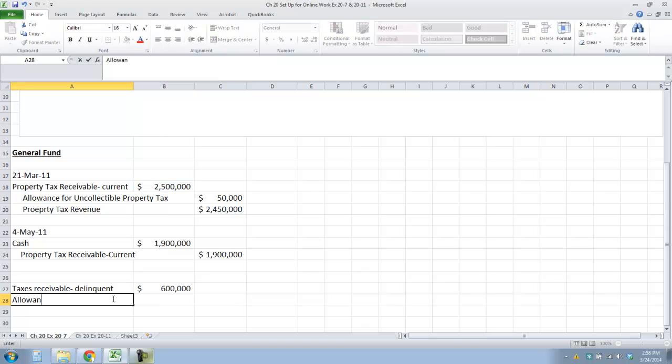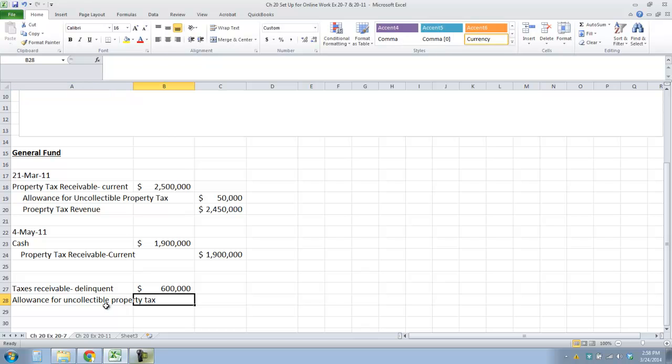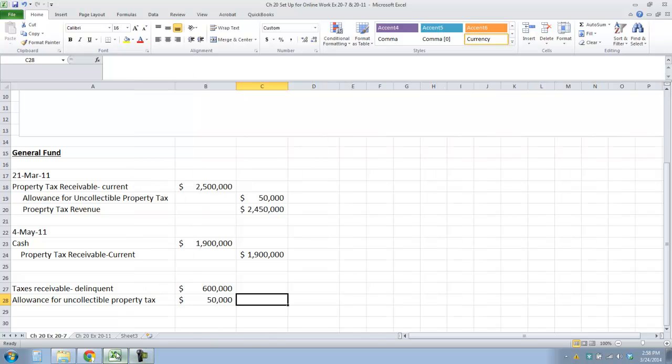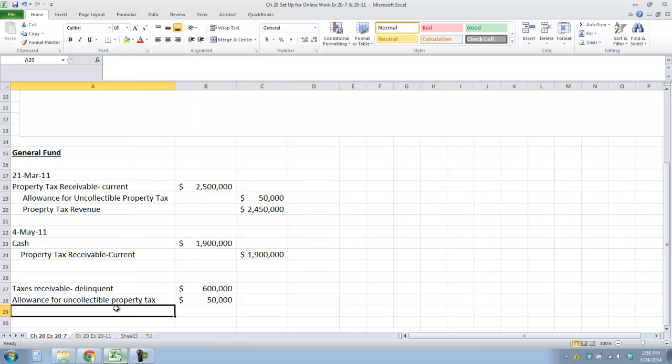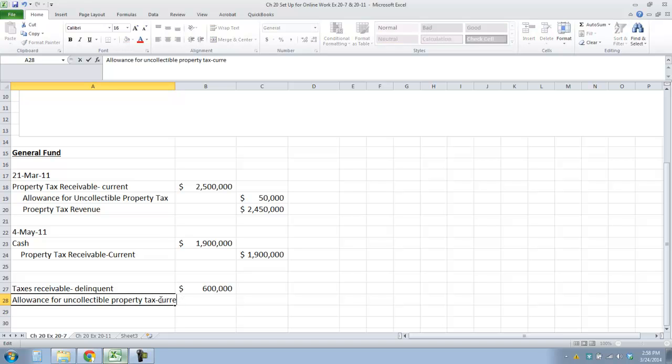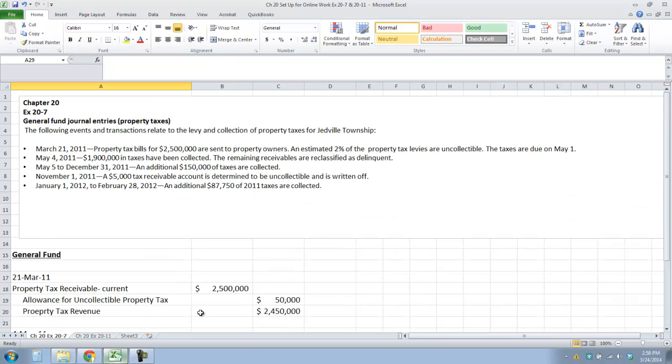Allowance for uncollectible, current. So we're going to remove the allowance for uncollectible current taxes.